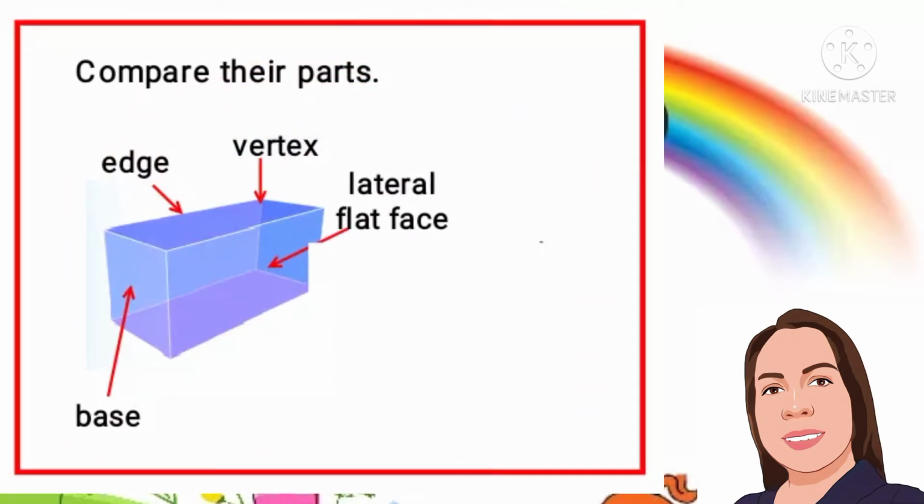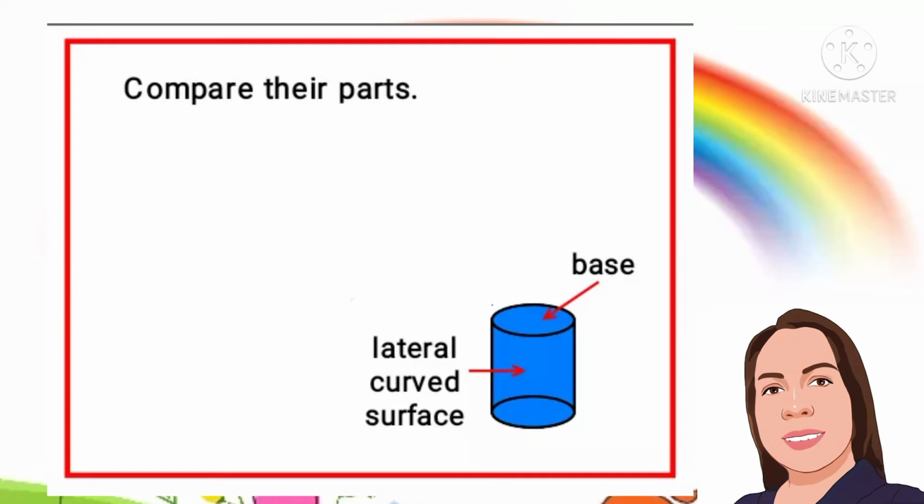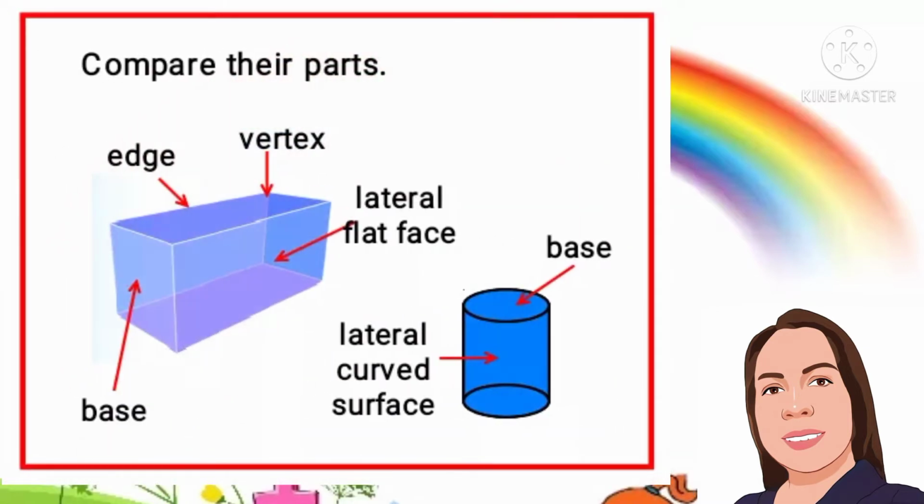This figure has the following parts: base, edge, vertex, and lateral flat face. While this figure has base and lateral curved surface. Do you notice their differences? Wow, you are very good.